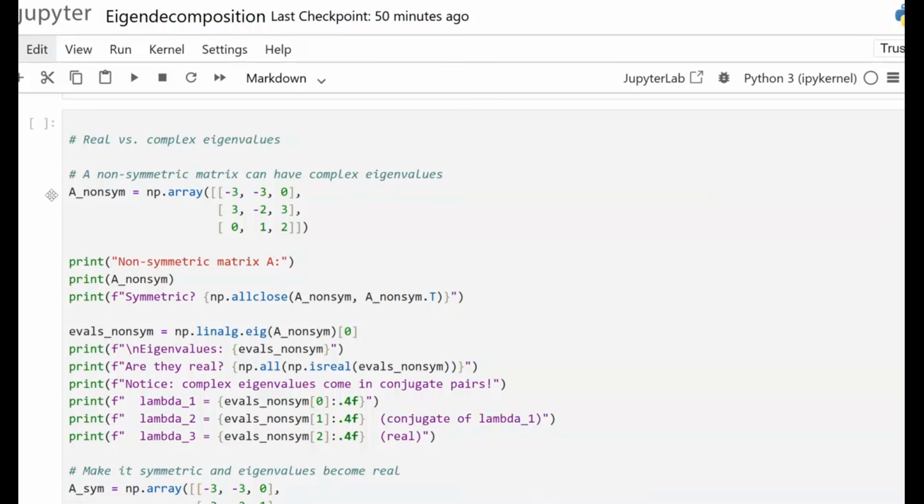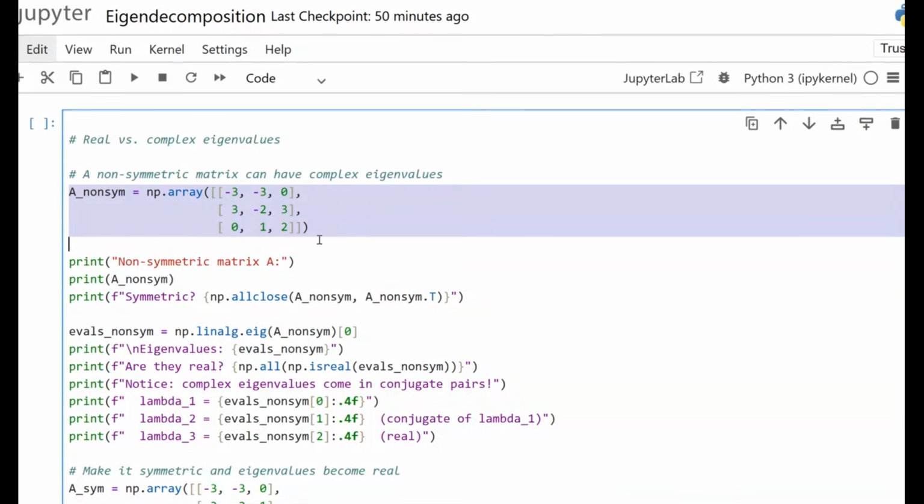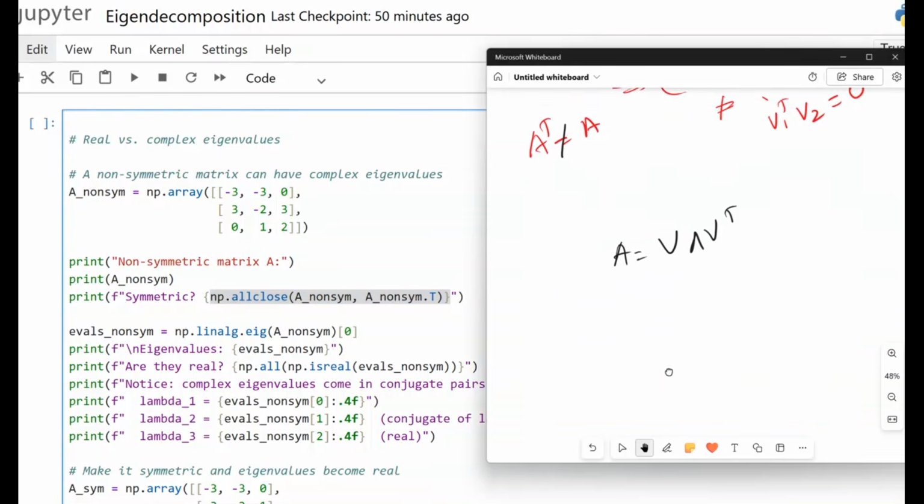Kindly observe, let me define a non-symmetric matrix A, and here we have functionality that confirms the matrix is not symmetric. Not symmetric, of course, as we have seen previously: A is not equal to A transpose.